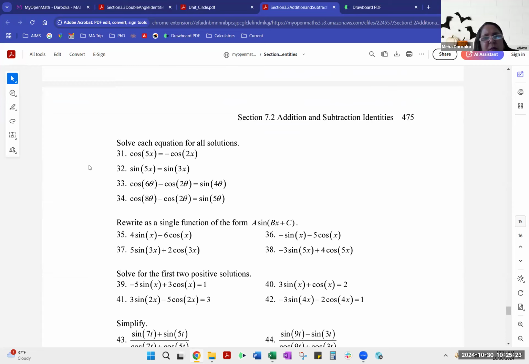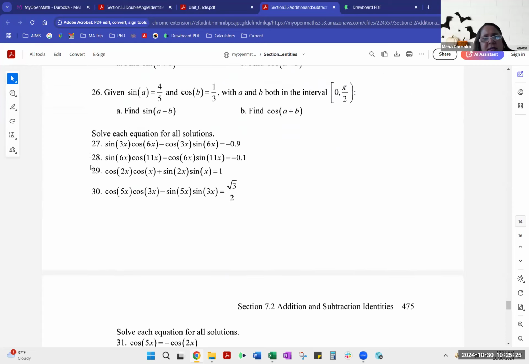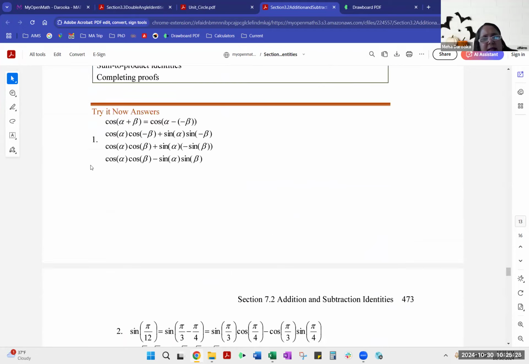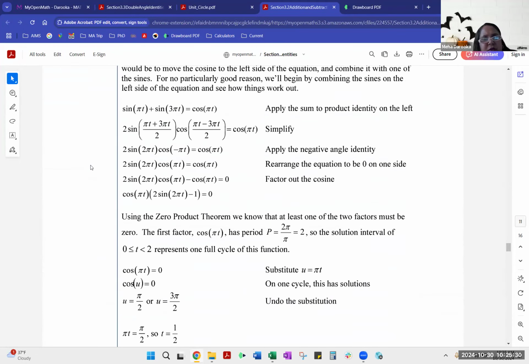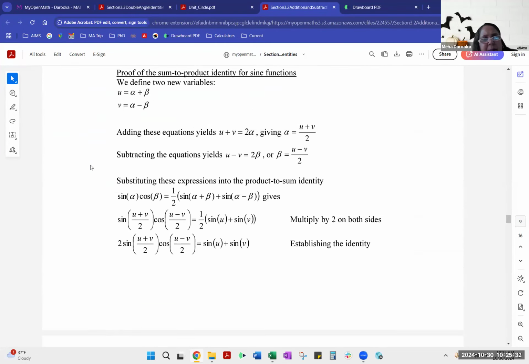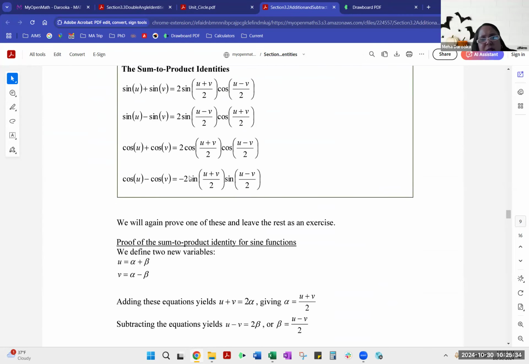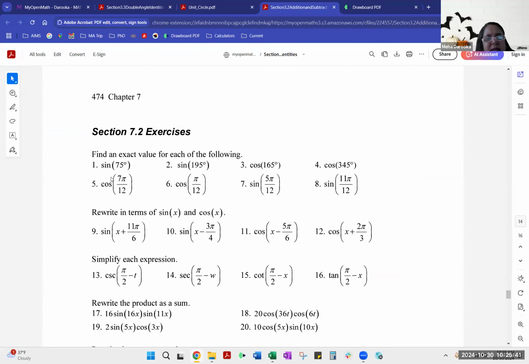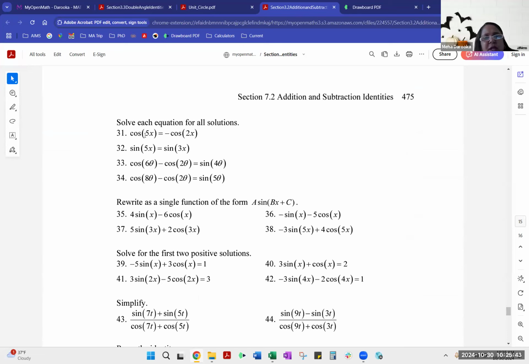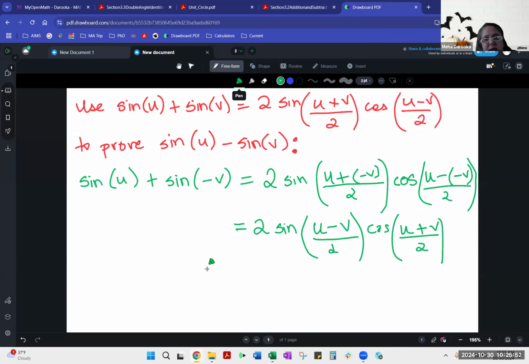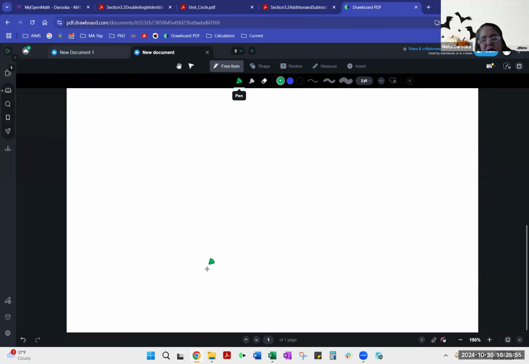How about we do the first one, because we actually have not talked about the cosine plus cosine identity, the only identity we did not break down. So let's take a look at number 31. They're asking us to do cosine of 5x equals minus cosine of 2x. So let's go ahead and get that over here.